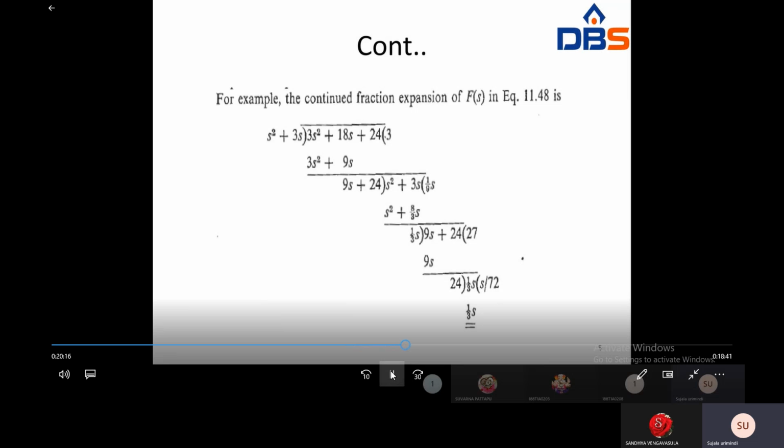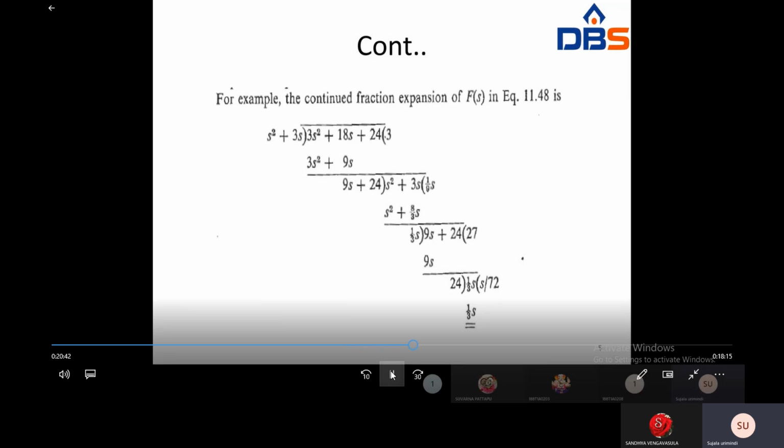How do you do the continued fraction? 3s square by s square, the first term of this and the first term of this. S square cancels, what is the value? 3. So s square into 3 is 3s square, 3s into 3 is 9s. So 3s square cancels, and the remainder will be 9s plus 24.